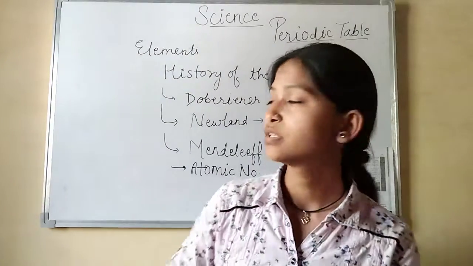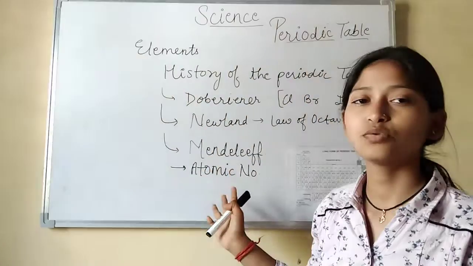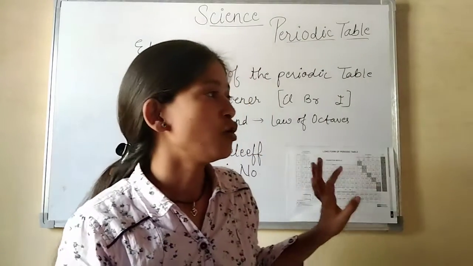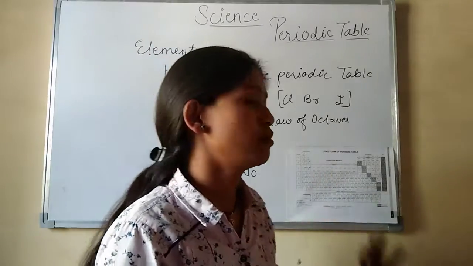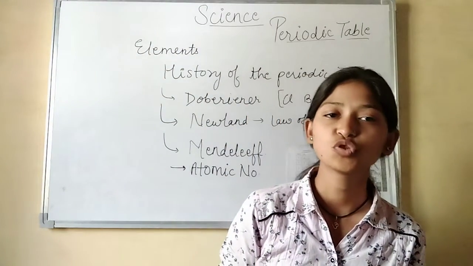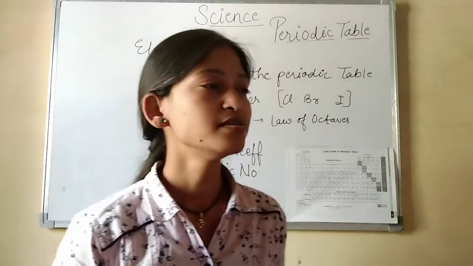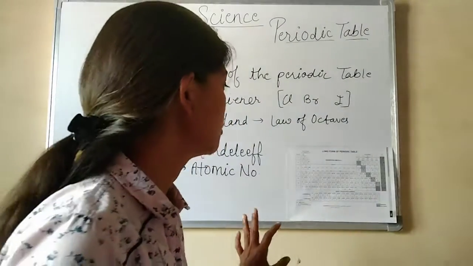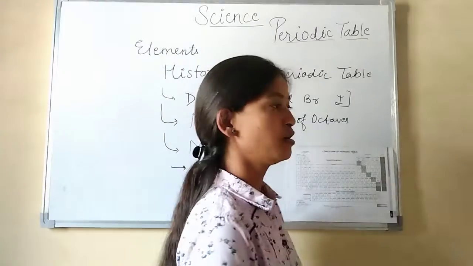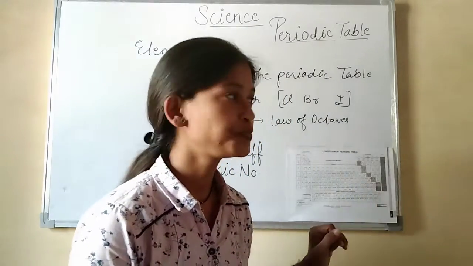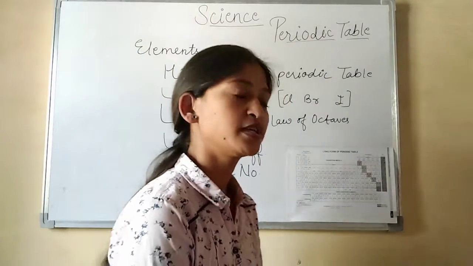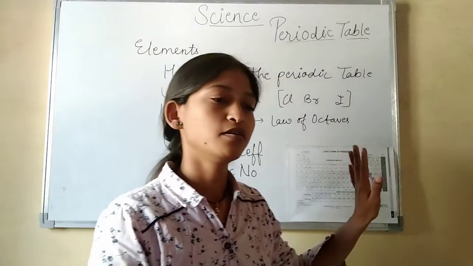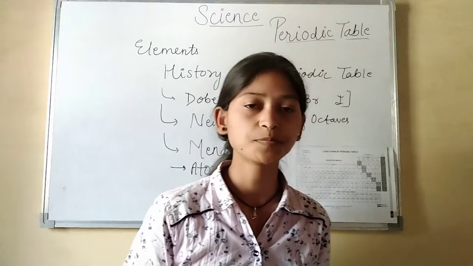After that, with the contribution of these three scientists and their periodic tables, the long form of periodic table came into existence, proposed by Moseley. This is the modern long form of periodic table we have to study today. It is arranged on the basis of atomic number.